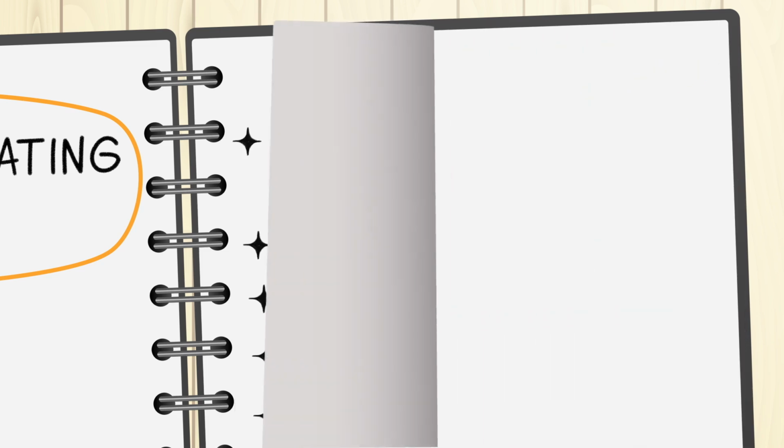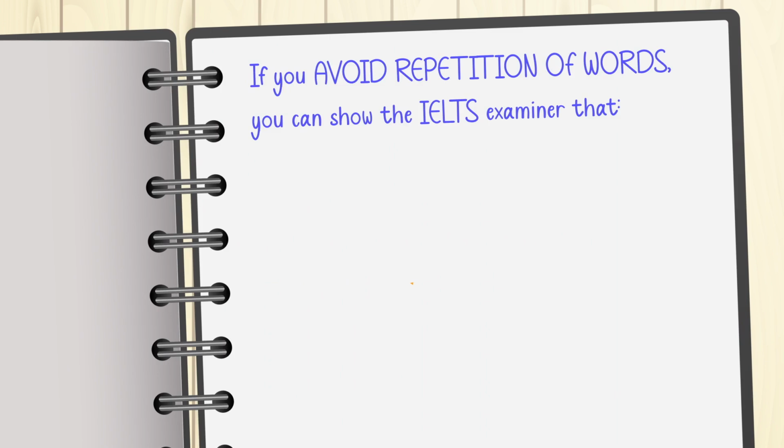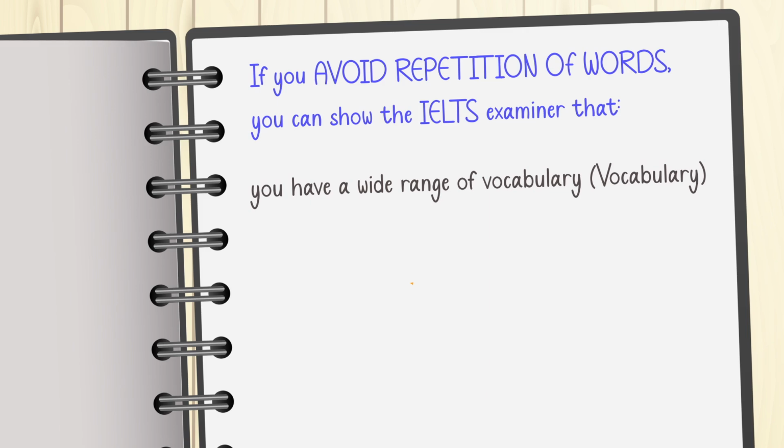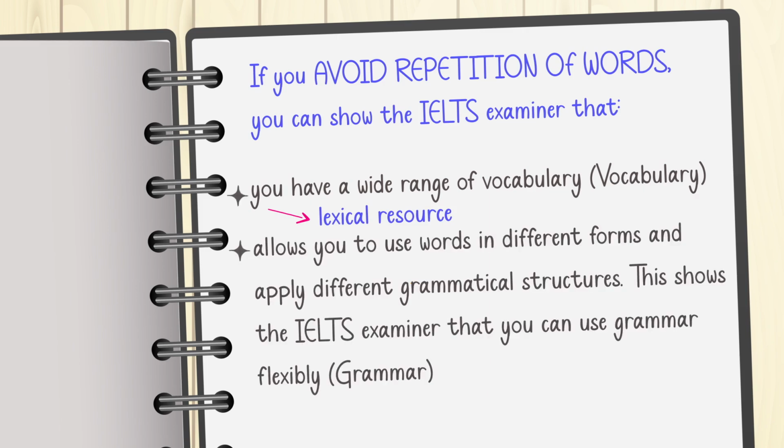And if you avoid repetition of words, you can show the IELTS examiner that you have a wide range of vocabulary. So this is related to lexical resources, right? And avoiding repetition of words allows you to use words in different forms and apply different grammatical structures. So this shows the IELTS examiner that you can use grammar flexibly, right?